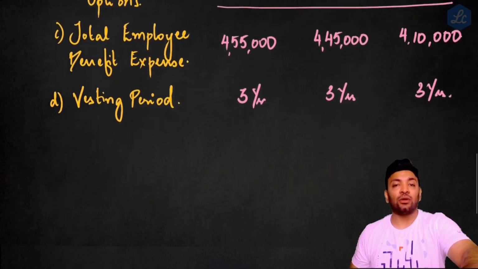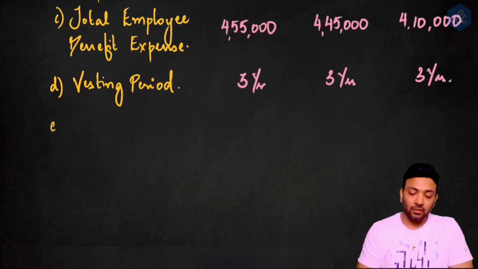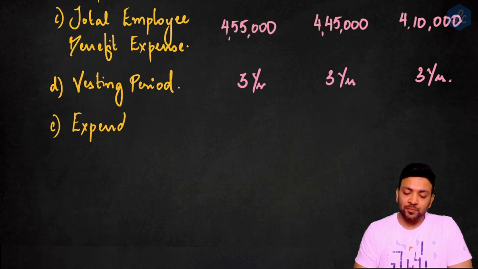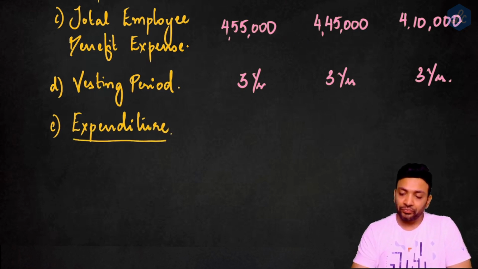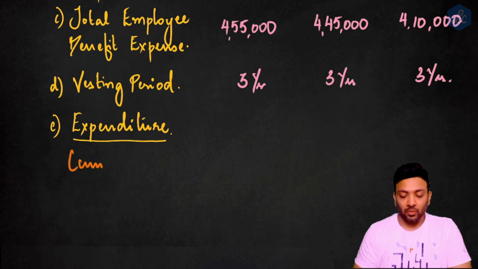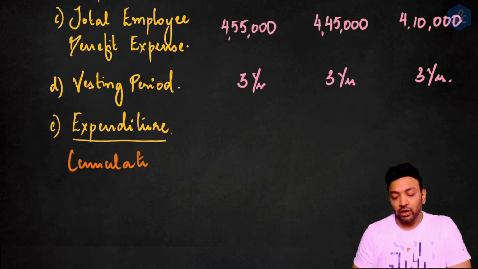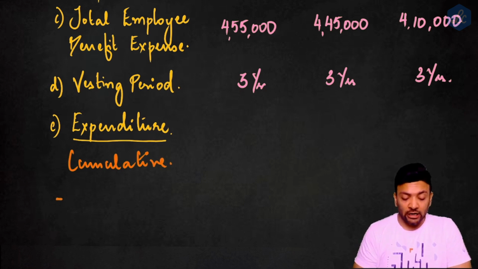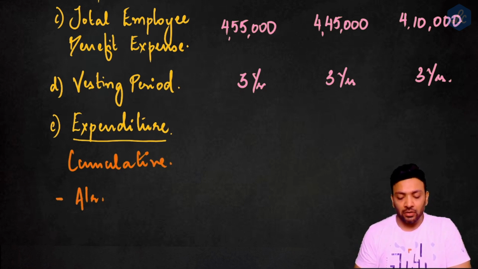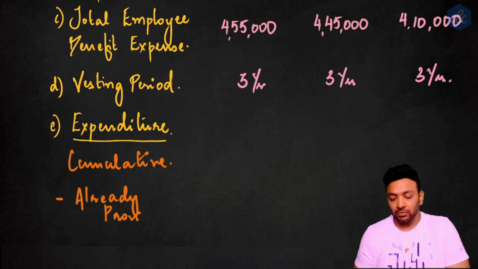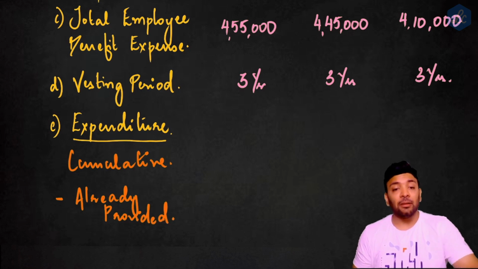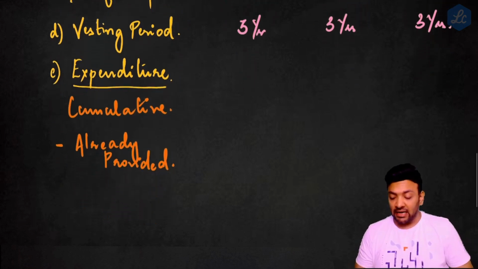Based on this, I'll have to calculate now. Let's go. Expenditure. Under that, first one, cumulative expenditure. Reduce the expenditure which was already provided in the previous year, minus already provided. The balance is to be provided in the current year.